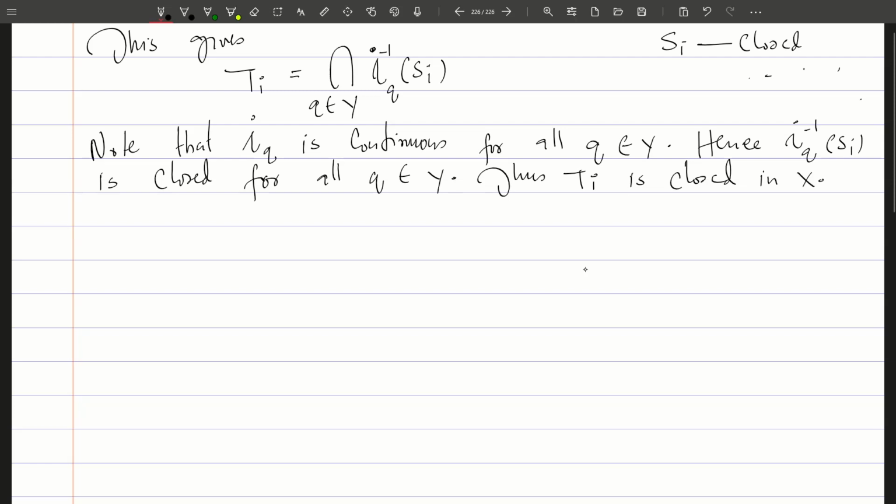Now look at this map. Also the map jp, which is a map from the set Y to X times Y, is continuous.